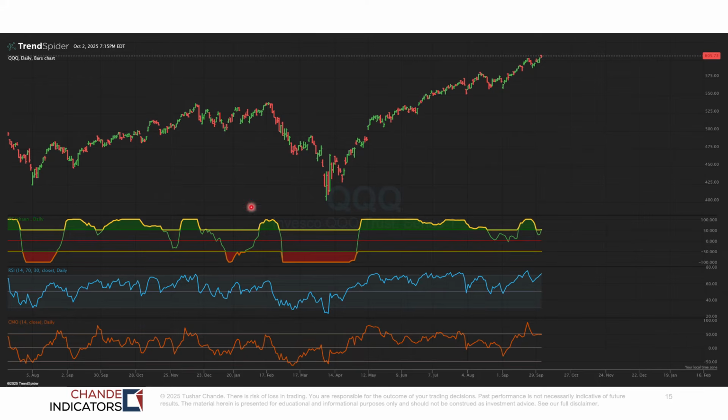If you just glance at it from left to right, during strong uptrends and downtrends, the Ishaan oscillator was clearly at +100 or -100, whereas the blue line RSI and the orange line CMO spent most of the time in the neutral region, not really giving us a clear indication of the trend direction.